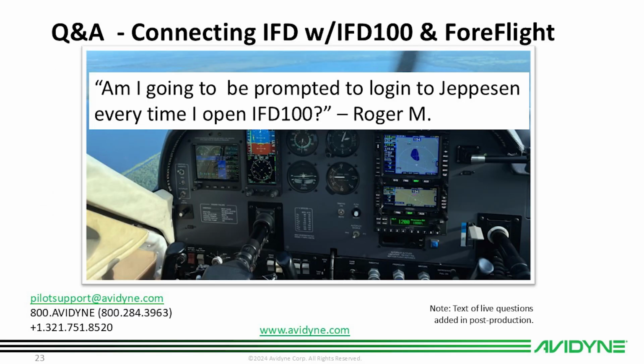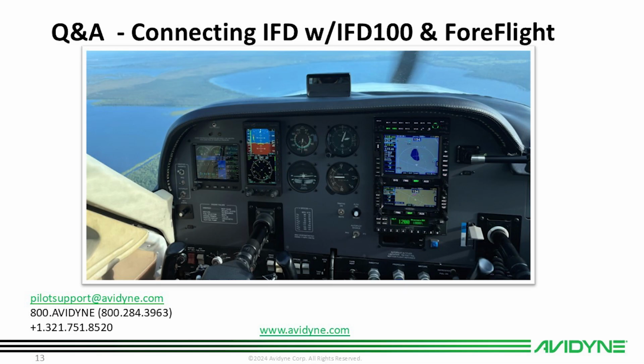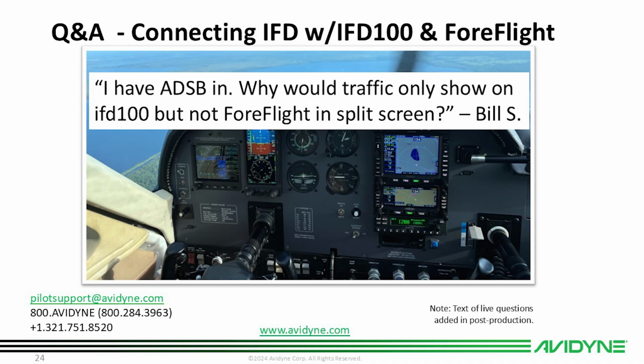Here's a question. Am I going to be prompted to log into Jepp every time I open IFD 100? So you always end up on that splash screen where it has your username and password. If there isn't a need to update the databases, all you have to do is press start in the lower left-hand corner. I have ADS-B In. Why would traffic only show on the IFD 100 but not ForeFlight in split screen?